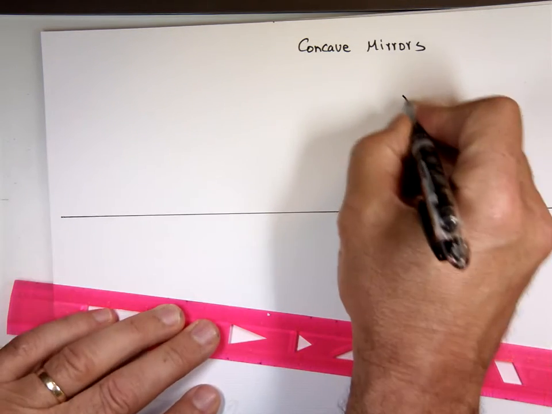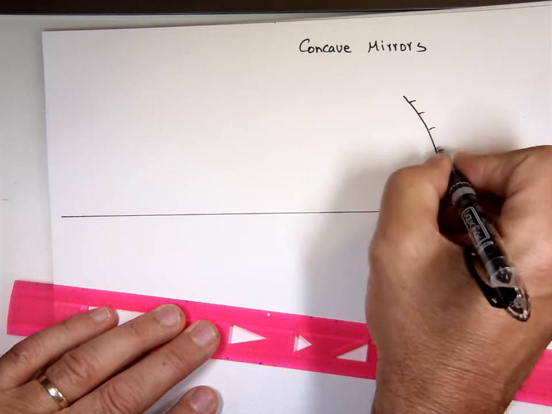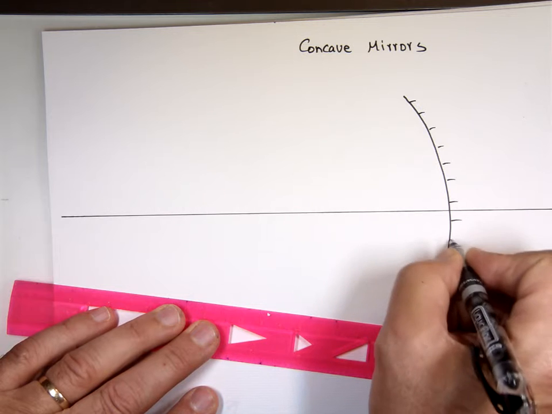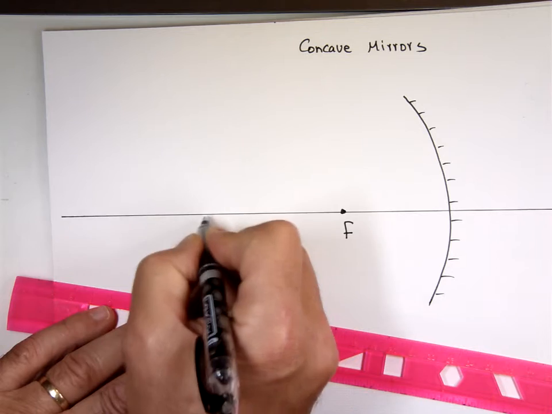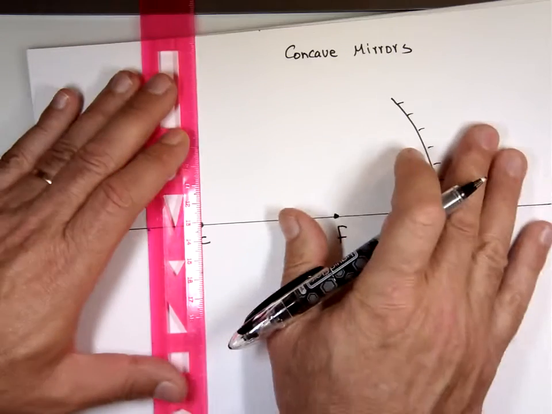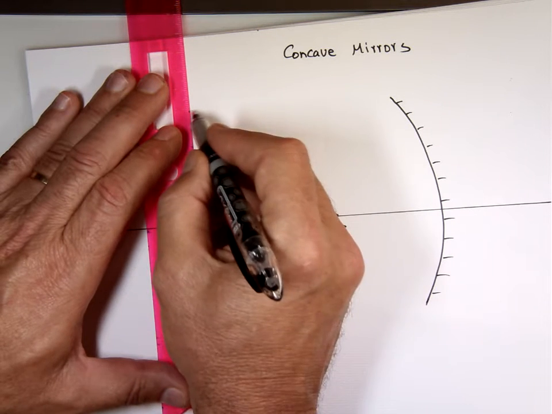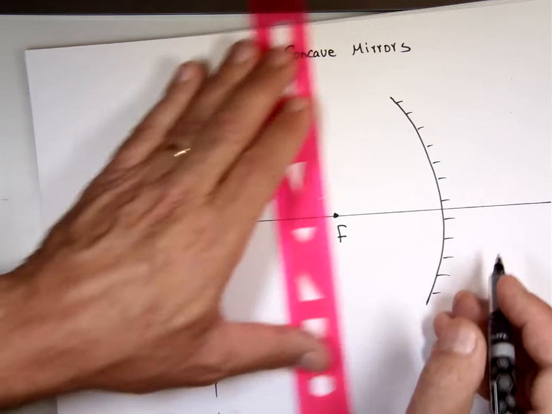It's bent in. This is F. This is C. Let's put a dotted line here and a dotted line here.